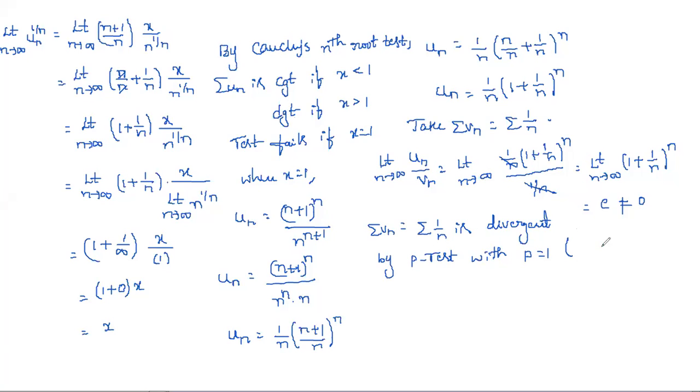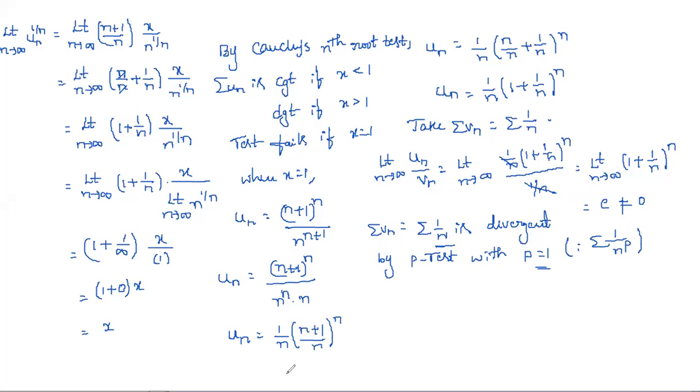So p test is nothing but that it should be in the form of summation 1 by n power p. If you see, Vn is nothing but here it is having n power 1, so that's why p equal to 1 is nothing but divergent. If p is greater than 1, convergent, less than 1, divergent.